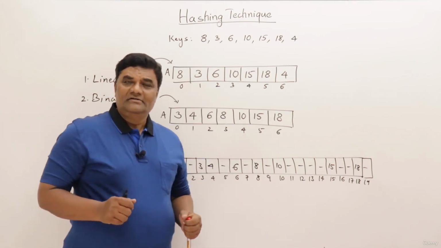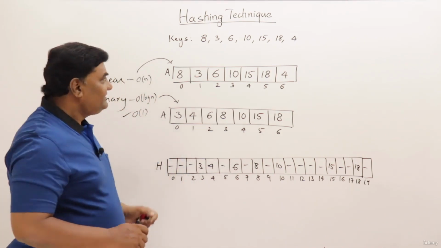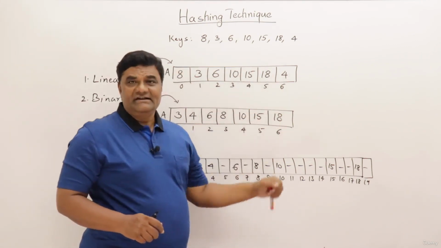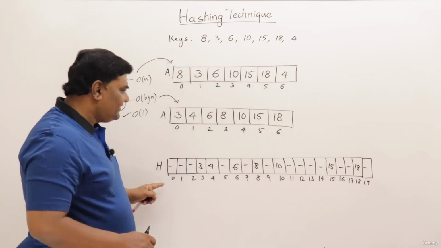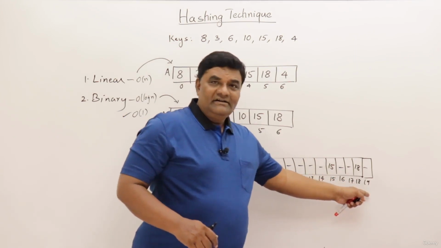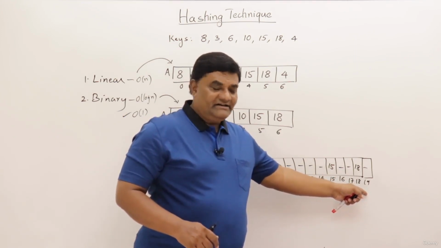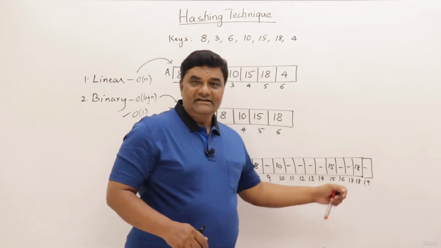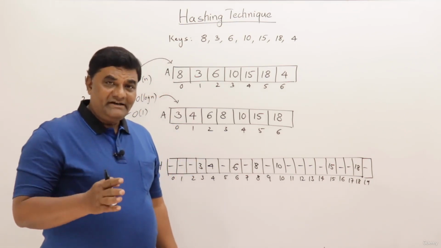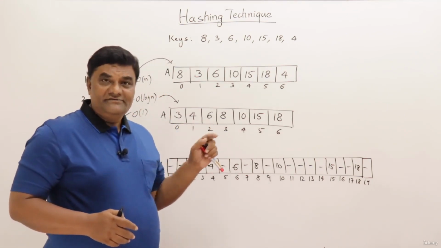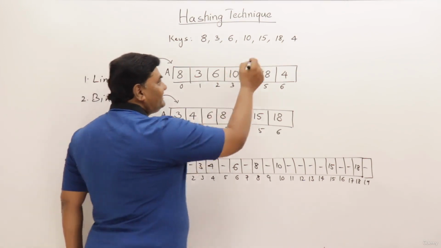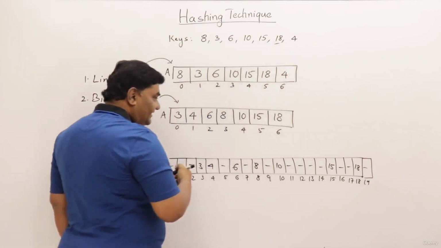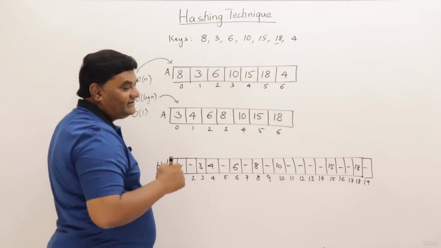Now the drawback. I have only 7 keys available here, but what is the size of the array? The size of the array is 19. I must take 19, actually 20, from index 0 to 19, because the largest number is 18, so I must have an array up to index 18.